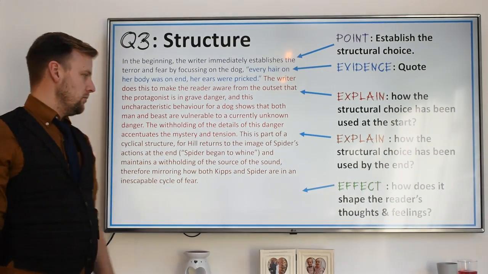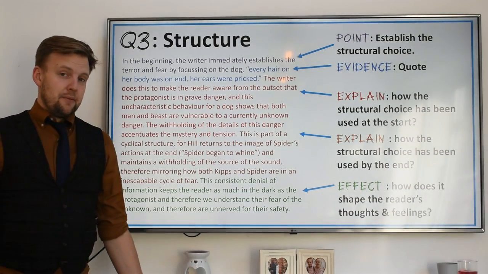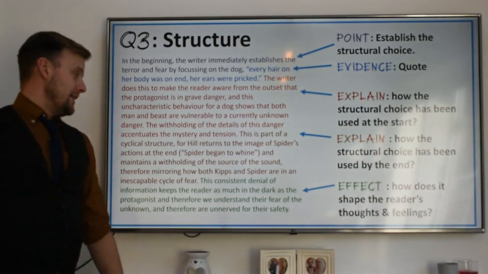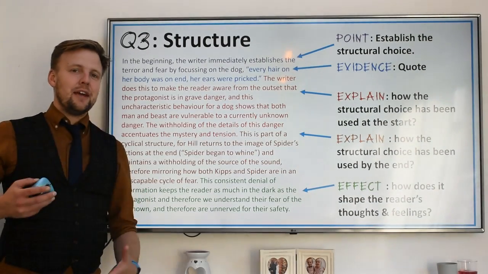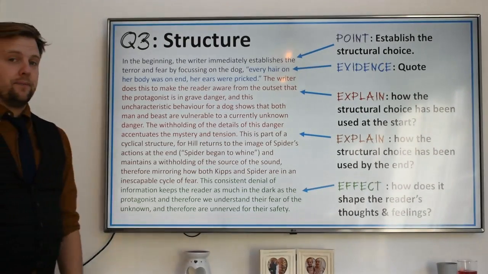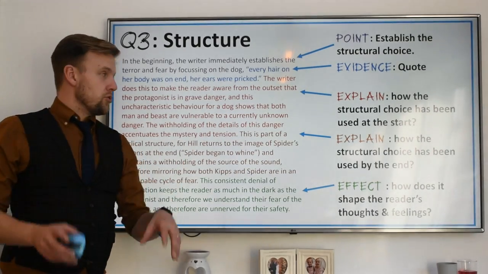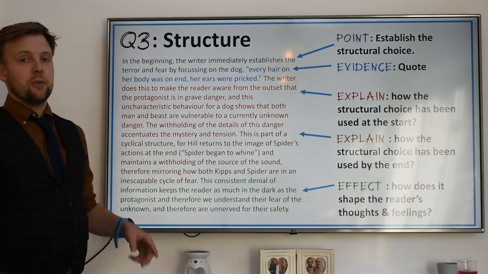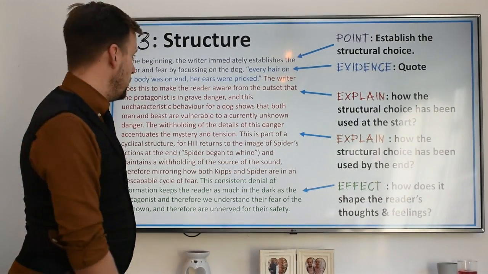How does that make me feel? Well, I'm denied the same information as the characters, so therefore I'm as much in the dark as the protagonists, and therefore I understand their fear and their anxiety of the unknown. Okay? Cyclical structure. This is what it's doing at the start, this is what it's doing at the end, this is how it makes me feel. Bish bash bosh. Step 2.